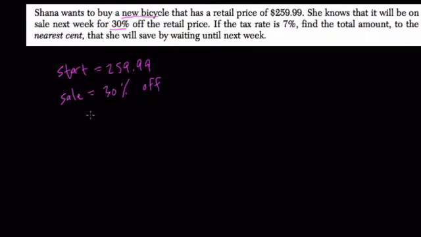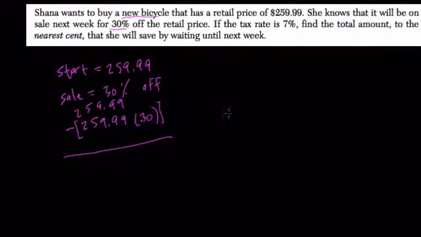So that means if you have $259.99, you take 30% of that, or 0.3 times that, and subtract it from the original amount. So it's $259.99 minus this number. And a quick way to do that is to think, if you lose 30%, the remaining amount must be 70% of what you started with.